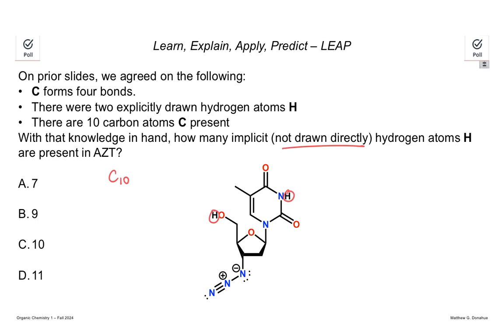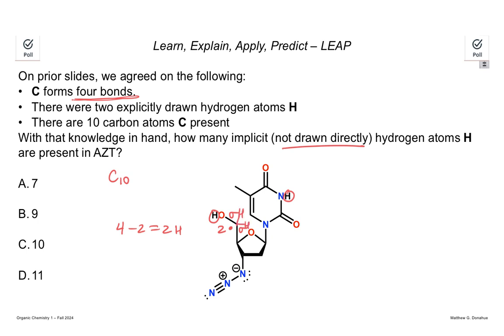So if we're starting at this carbon right here, we can see that we have 2 bonds shown, sigma bond, sigma bond. And we know that carbon has to have 4 bonds. So we have 4 bonds required. We're showing 2. So that must mean that carbon has 2 hydrogens. If we draw them in, there they are.